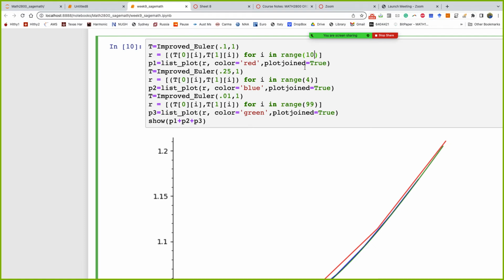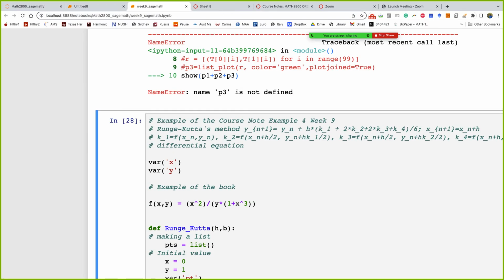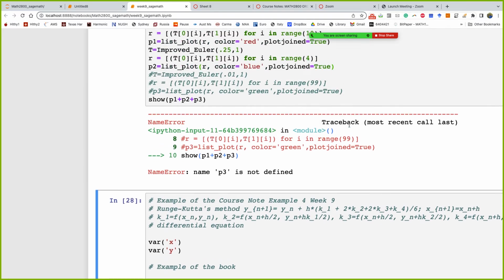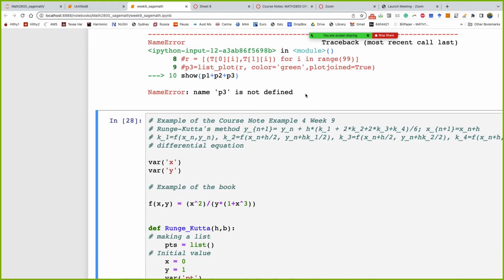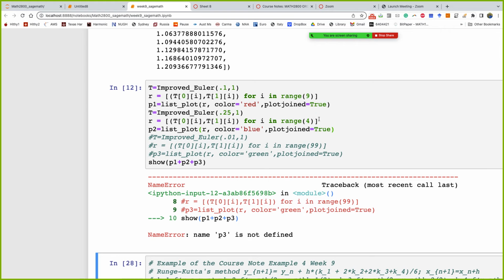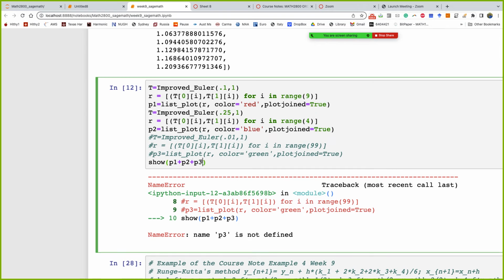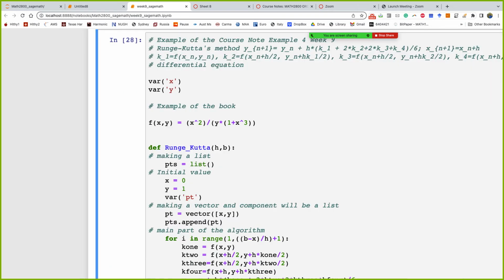This might be okay, we will change it later. Let's do this one so you can see that. Okay, perfect. I think I should change this one to 9. I think the last will be 3. Yeah, thank you very much.